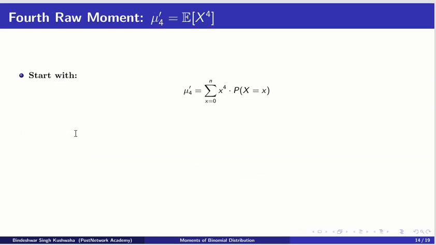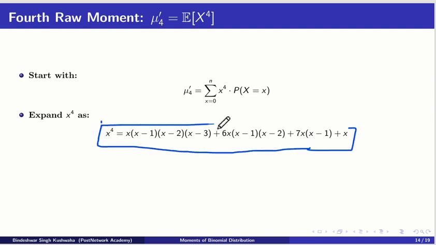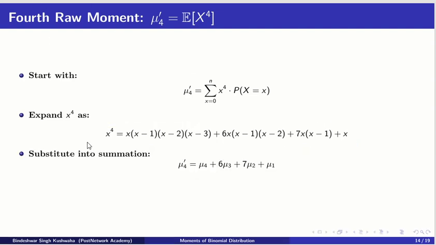Thereafter let us find the fourth raw moment, mu4 prime, that is the expectation of x to the power 4. So we are going to use this identity or expression for x raised to 4 to find the fourth moment.